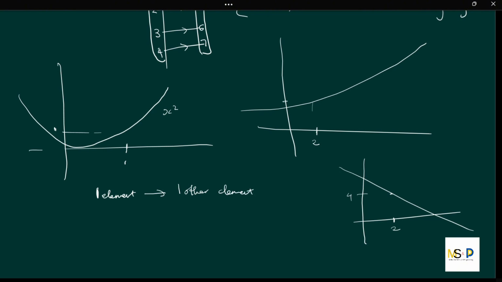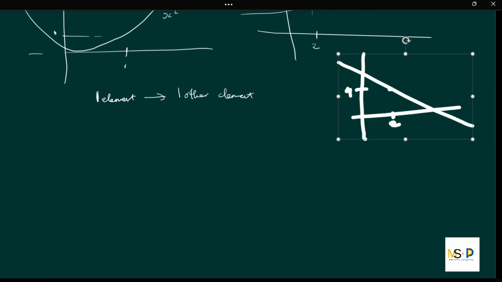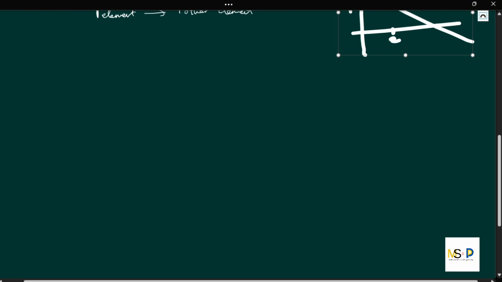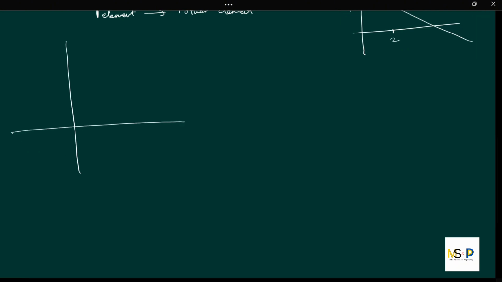The reason I bring this up is because I wanted to show you that a circle is actually not a function. So let's take the most elementary circle. I'm going to take x squared plus y squared is equal to, let me say, 4. So this is the circle here, with its center at 0, 0 and a radius of 2.